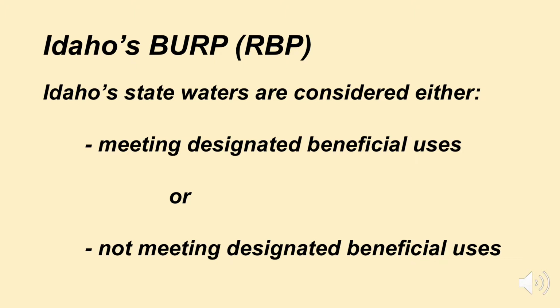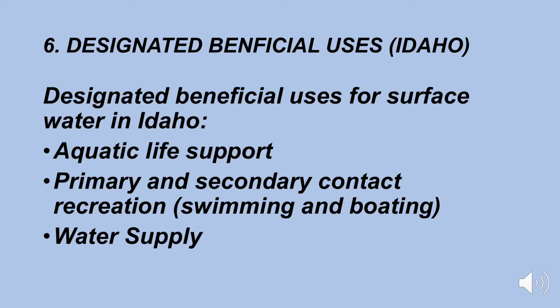And in Idaho, we have 5 potential designated beneficial uses for surface bodies of water in our state. All bodies of water in the state have at least one beneficial use. All surface streams have at least one beneficial use. And I just wanted to list the 5 beneficial uses that a stream can be classified as having.